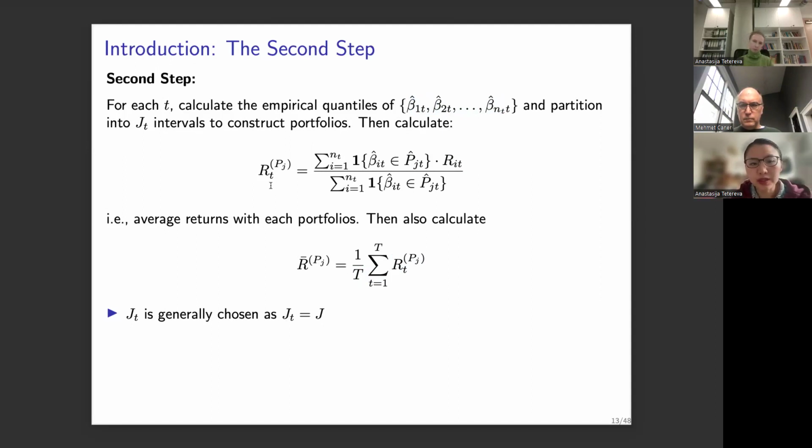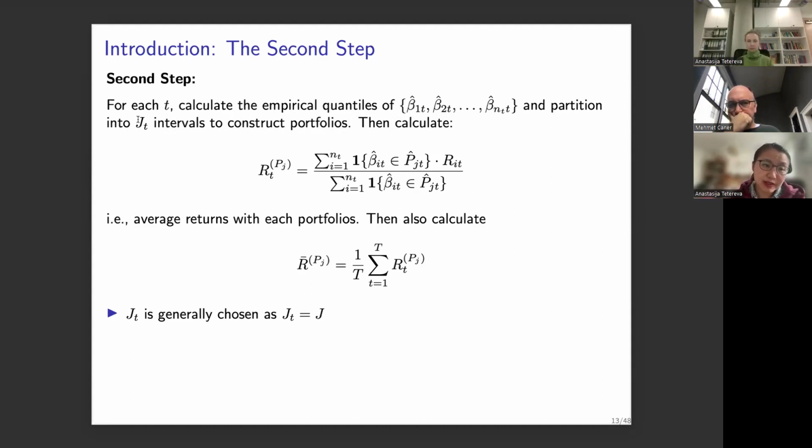But if you fix your portfolio, let's say I only care about the first portfolio, the high beta portfolio, then for each time I get such an average return. So over time, I get the returns of the high beta group as well.